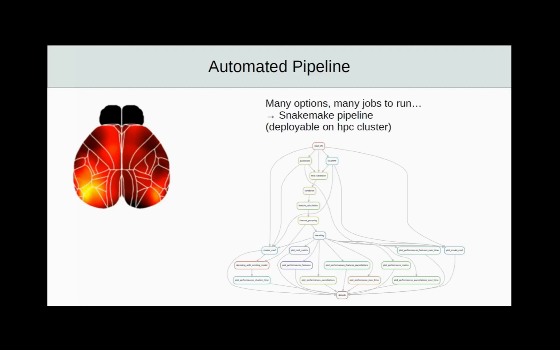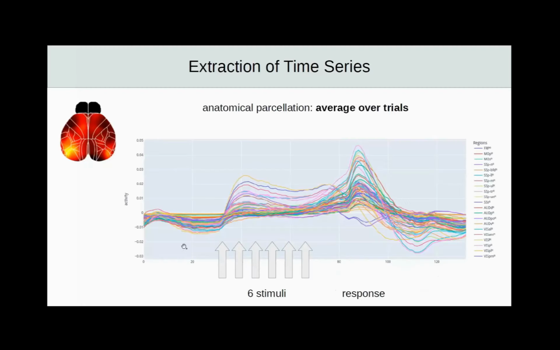And so here you've got an example of time series of calcium activity for the anatomical parcellation, meaning that, as you see here, all the regions that are between the white lines, we average their activity for each of them, and we look at them over time.